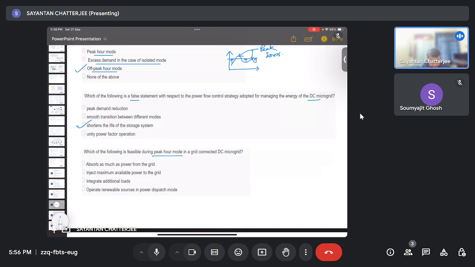Operate renewables in power dispatch mode. Which is feasible during peak hour mode? As we have already seen, in peak hour modes.